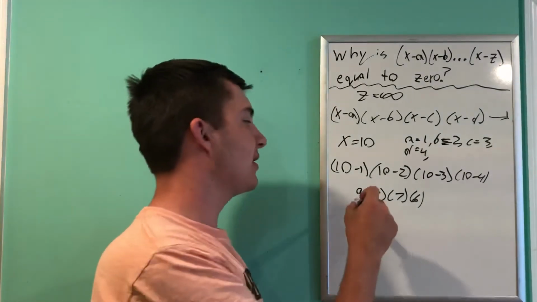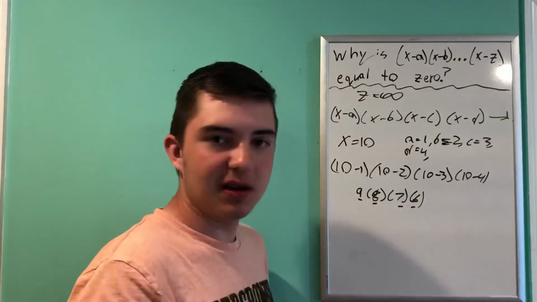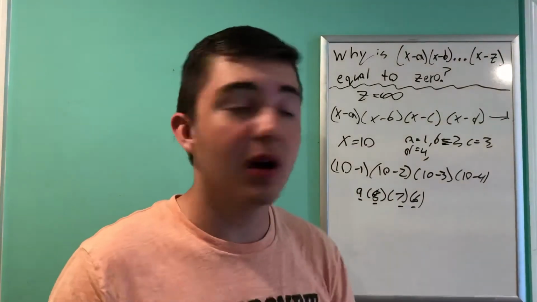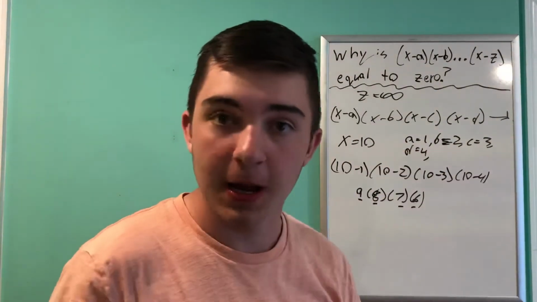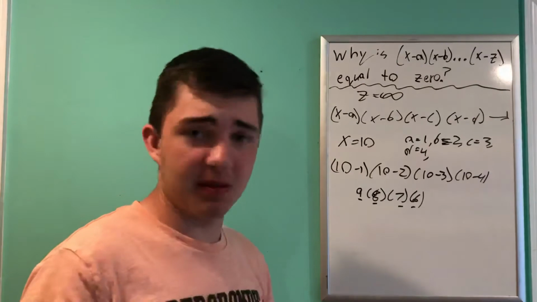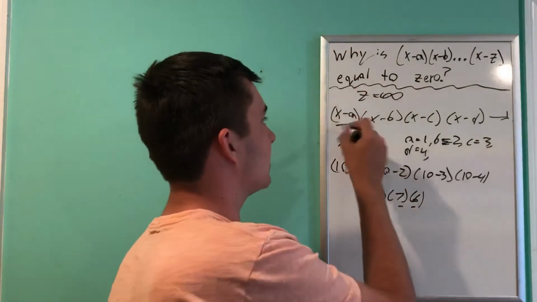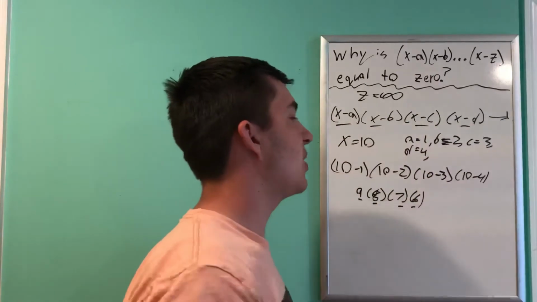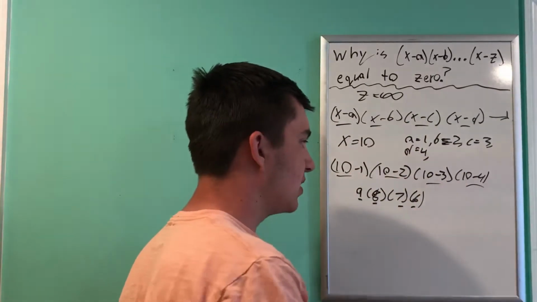Because you see what's happening here? 9, 8, 7, 6. What's going on? It's going down by 1, because each time a, b, c, d, they all get bigger by 1. So that means they're going to get smaller by 1. You see? 9, 8, 7, 6. So then what does that mean?